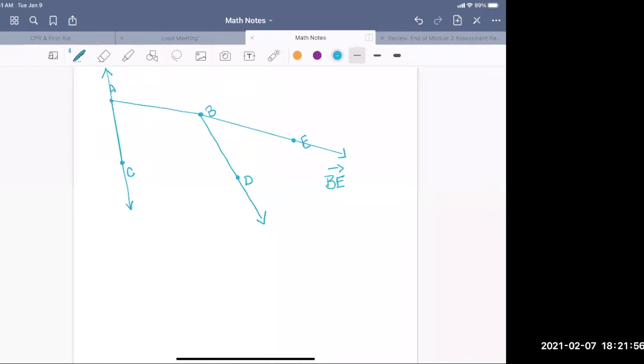Okay, now, are you ready? Touch point B with your pencil. Trace along the line to point D. So I'm going to touch point B with my pencil, and I'm going to trace along the line to point D. Now, touch point B again and trace along the line to point E. Where do these two lines meet?